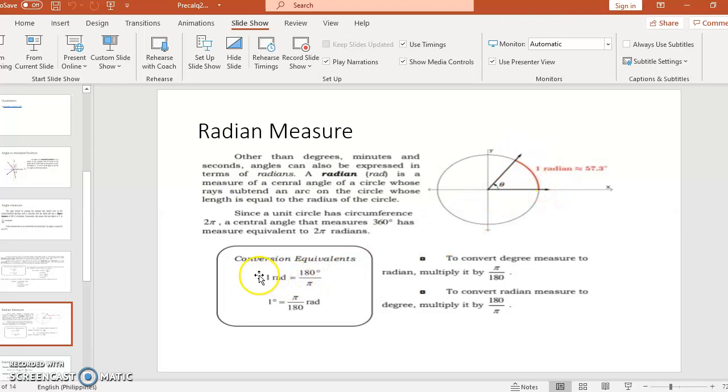So we have here the conversion equivalent. 1 radian is 180 degrees over pi, or 1 degree is pi over 180 radian. To convert degree measure to radian measure, multiply it by pi over 180, and to convert radian measure to degree measure, multiply it by 180 over pi.